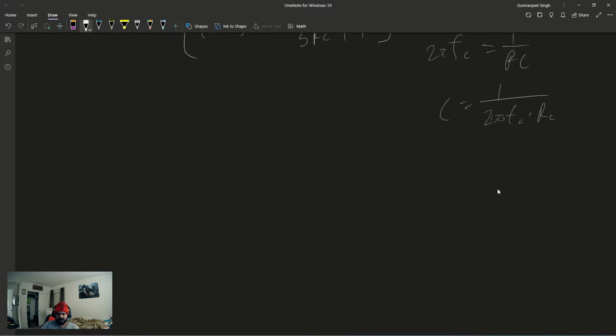So essentially, it's just going to be 1 over 2 times pi times 5,000 times 1,000. Now you can calculate this with a calculator, but our capacitor at the end is going to end up being 31.8 nanofarad. Now we know everything that is needed to essentially build the low pass filter.